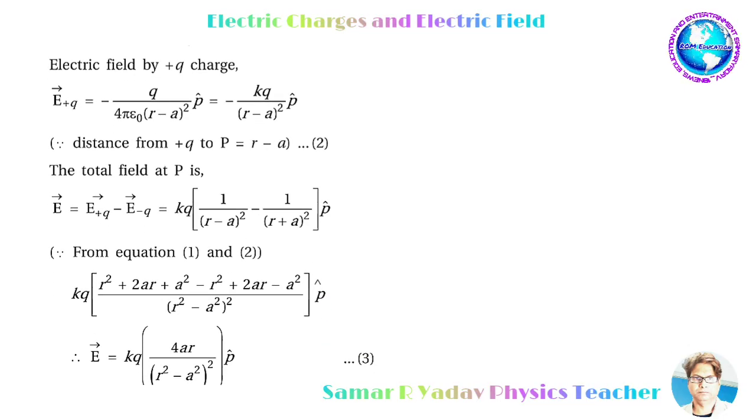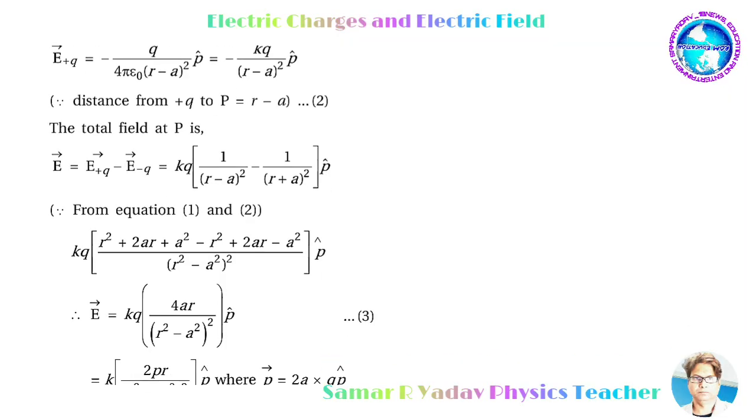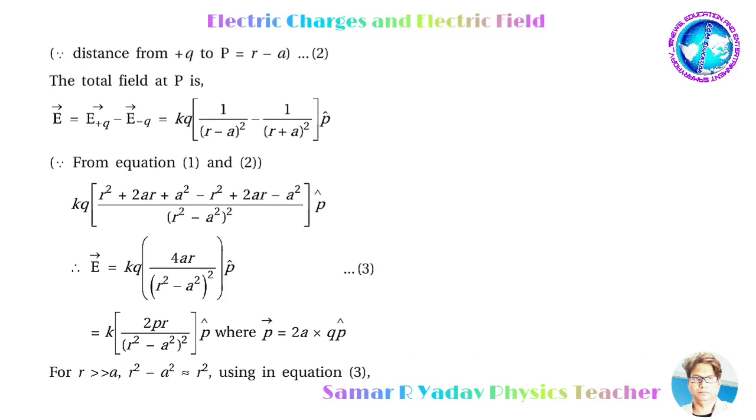From equation 1 and 2, E is equal to kq times (r square plus 2ar plus a square minus r square plus 2ar minus a square) upon (r square minus a square) whole square, into unit vector p. Now you can see here a square cancels and r square cancels.